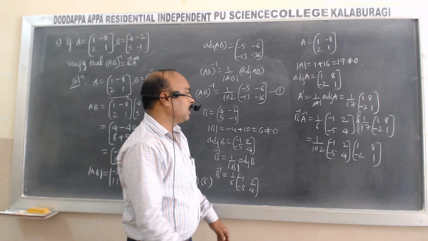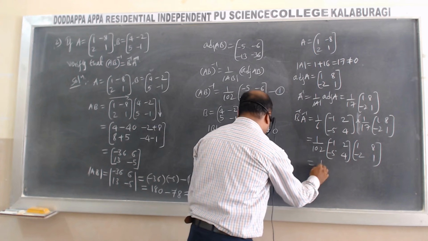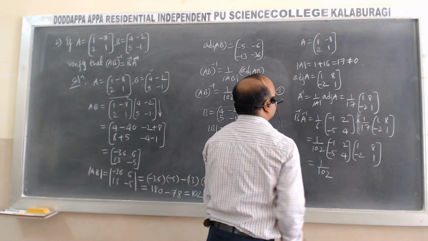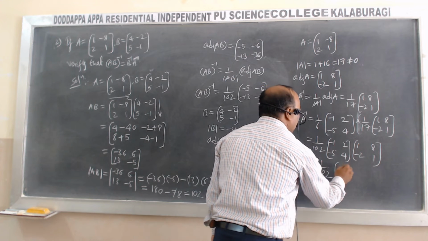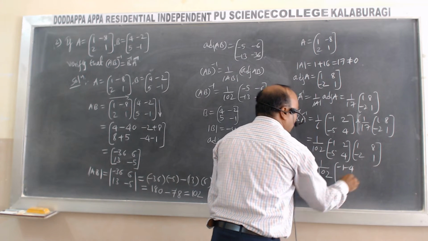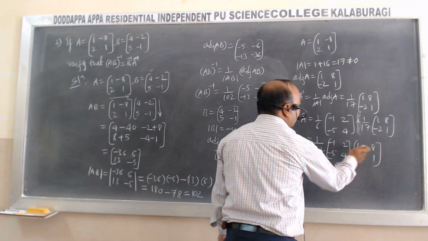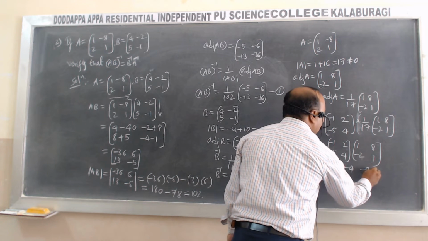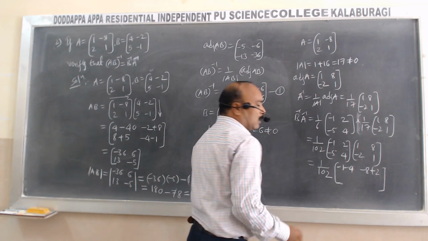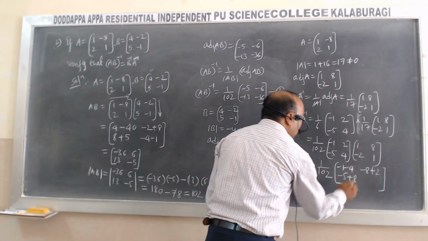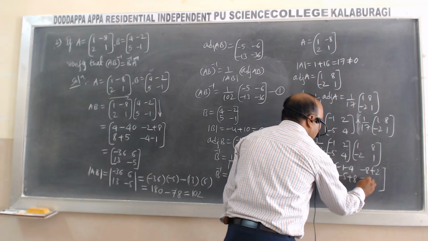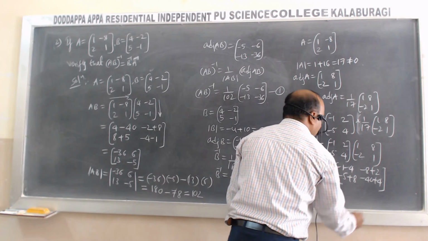Then we multiply these two matrices, it is 1 by 102 into: minus 1 minus 4; next second column, minus 8 plus 2; third element, minus 5 plus 8; last element, minus 40 plus 4.